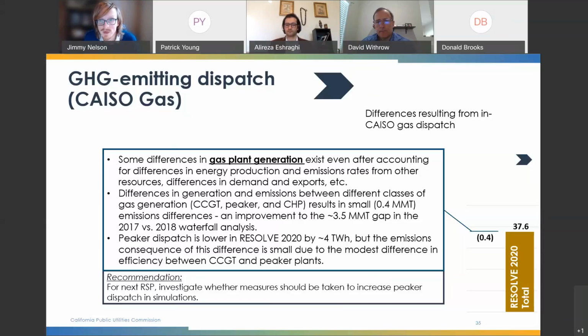It's a little, but it's not a lot. And so a medium-sized difference in gas peaker dispatch does not translate into a medium-sized difference in greenhouse gas emissions. So I think the recommendation here is pretty high level. Try even more steps to increase the gas peaker dispatch, knowing that it will only have a moderate impact on greenhouse gas emissions. Next slide.